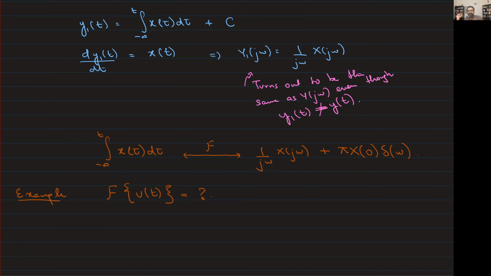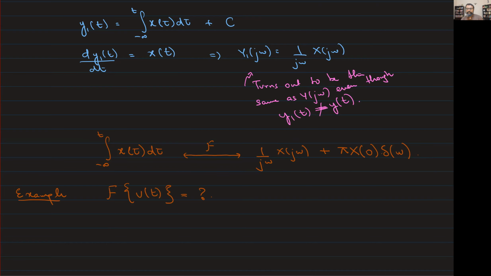First of all, is u of t absolutely integrable? No. Good. So this means its Fourier transform should not converge, right? That's something we know.